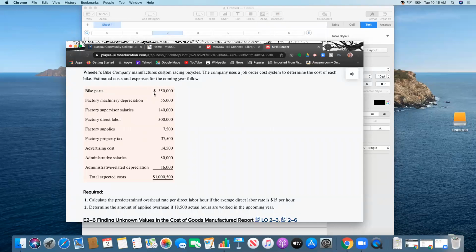Bike parts are direct material. It doesn't include direct labor, and it doesn't include the selling and administrative expenses. So we're talking factory machinery depreciation, factory supervisor salaries, factory supplies, factory property tax.